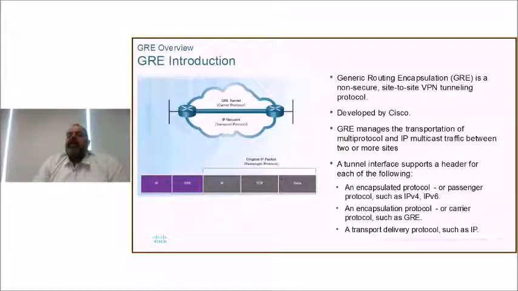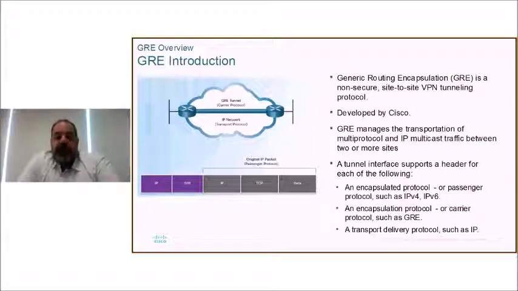So what you might need to do is create a GRE tunnel, which will allow that, and then you do an IPsec tunnel to move that GRE tunnel. That is a layering of solutions to get the job done.